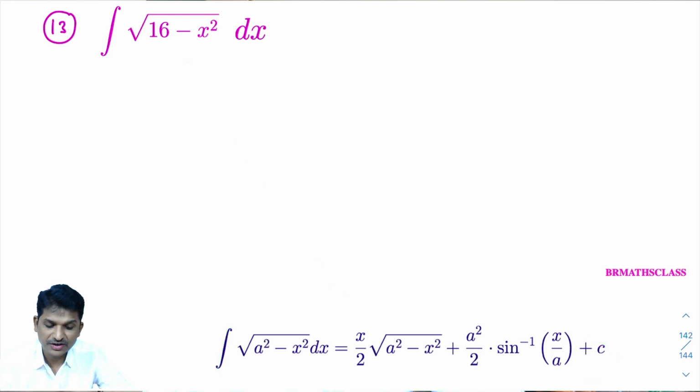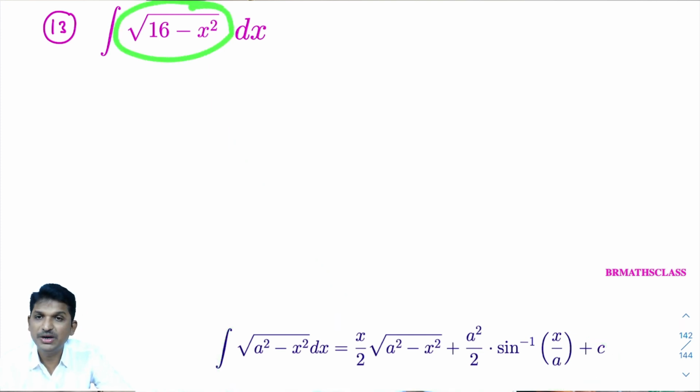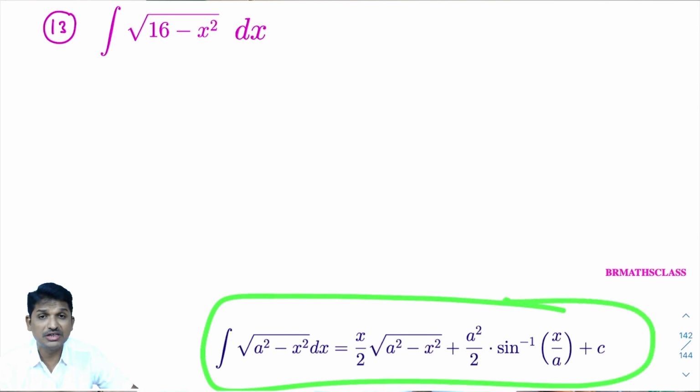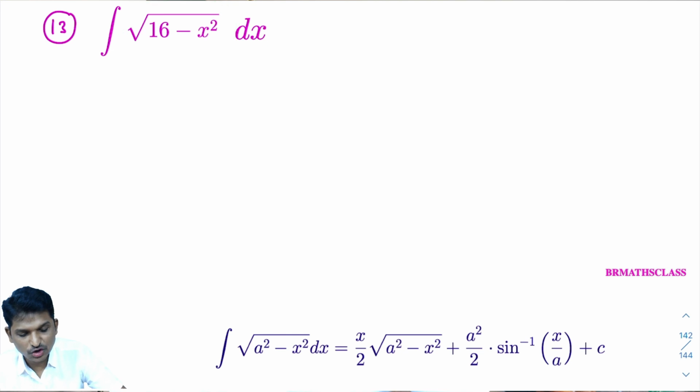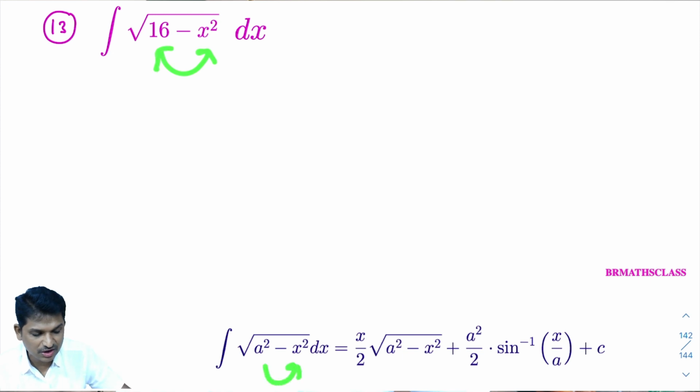Observe the question. First thing, in this question 1 divided by is not there, so it comes under the last 3 formulas we learned, like exercise number 7.6. Like this we learned a total of 3 formulas. You can observe that this 16 can be written as 4 square. It is of the form a square minus x square.